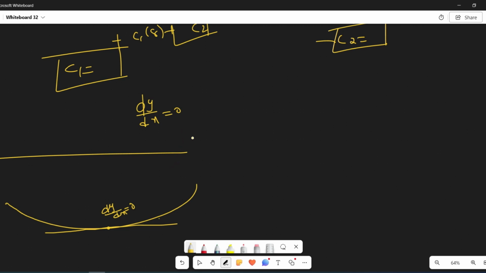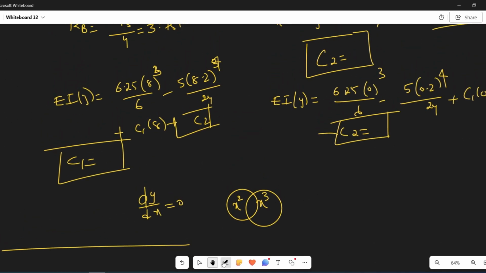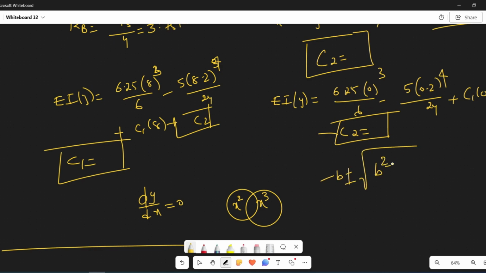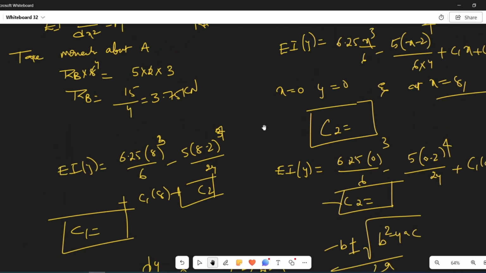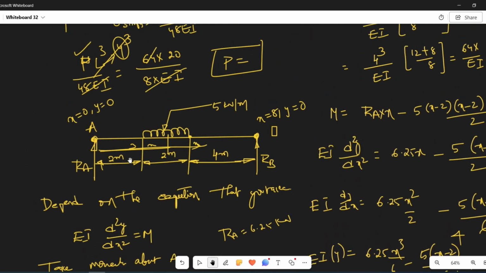You will obviously get an equation, either second order or third order. If it is a second order equation, you can easily solve it using minus b plus or minus root of b square minus 4ac. But if you get a third order equation, then do one thing.